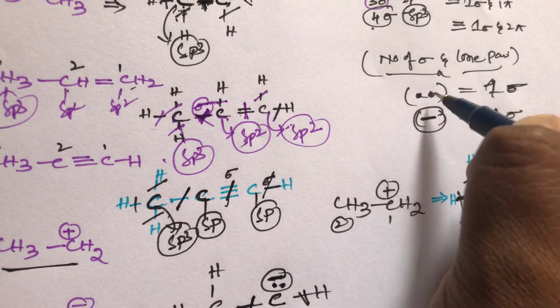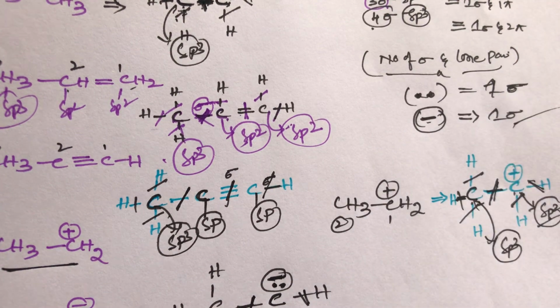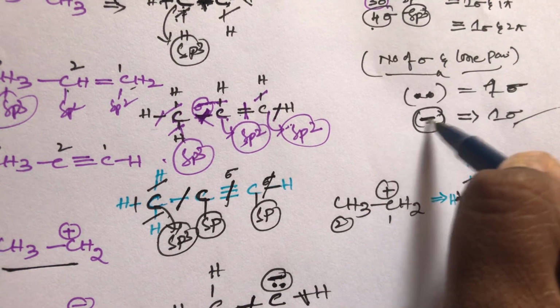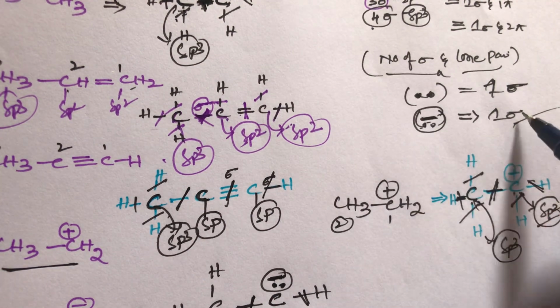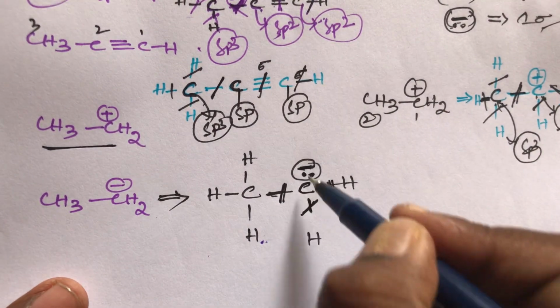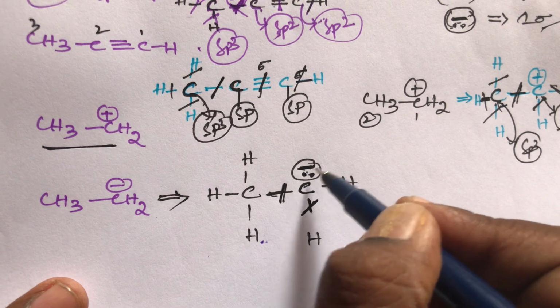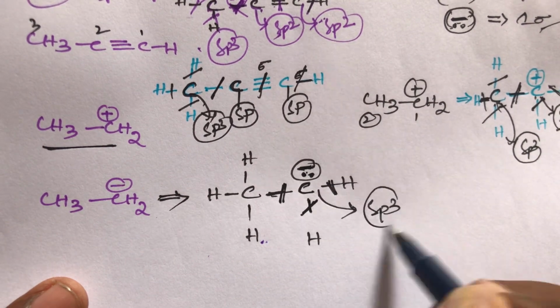If a lone pair is given, lone pair equal to 1 sigma bond, negative charge equal to 1 sigma bond. Negative charge means this bond contains 2 electrons, and the 2 electrons equal 1 sigma bond, you remember, student. So here this carbon has 1 sigma, 1 sigma, 1 sigma, and 1 lone pair equal to 1 negative charge equal to 1 sigma bond. Total 4 sigma bonds, that is sp3 hybridization.